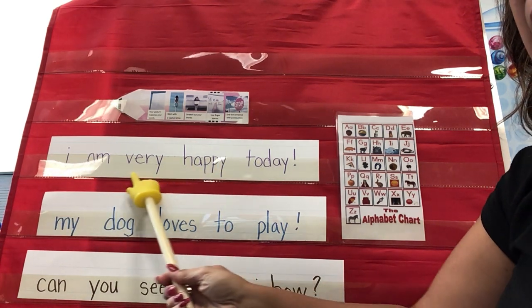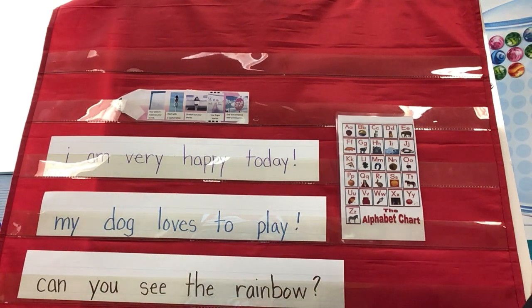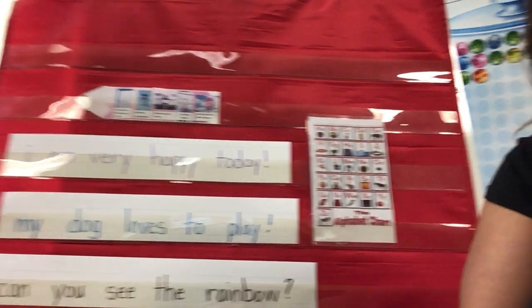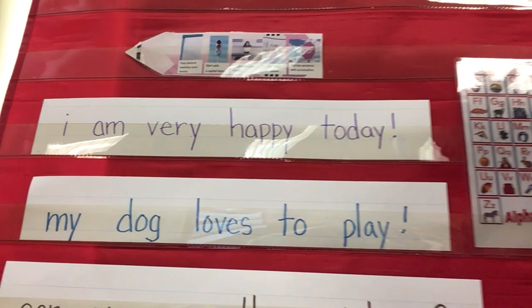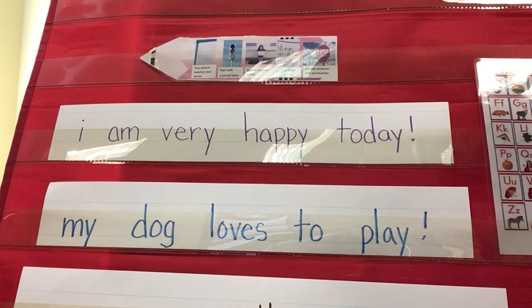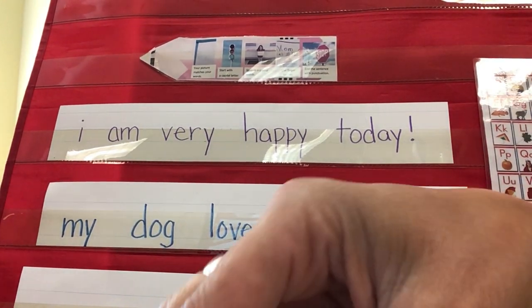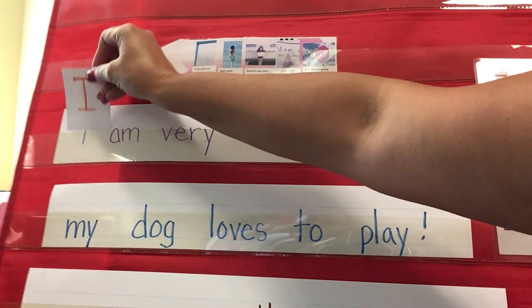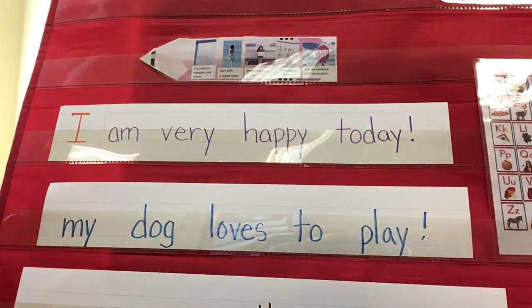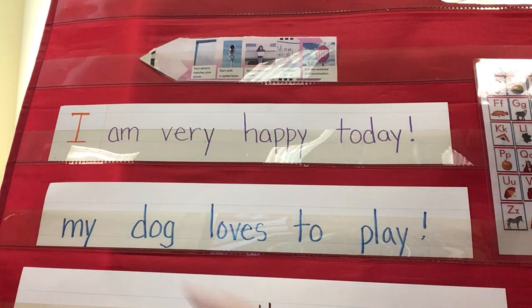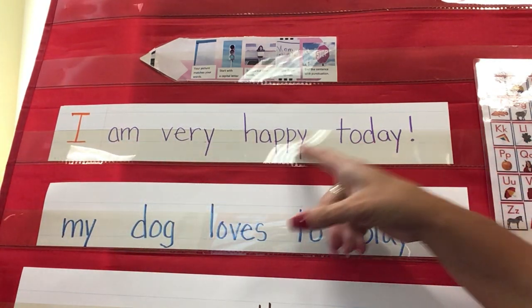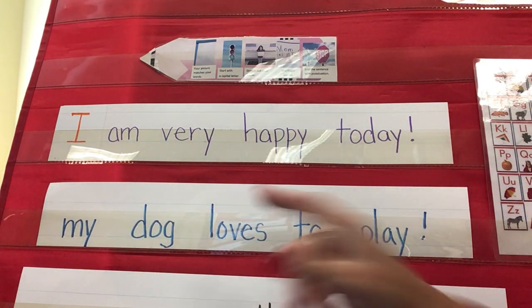If we look at I, that's a lowercase I, isn't it, boys and girls? That is a lowercase I. I'm going to zoom you in just a little bit so you can see it a little better. Lowercase I. So we want to make sure we have an uppercase I. And that is the correct way to write that sentence. Uppercase I am very happy today. Very good. Let's look at the next one.